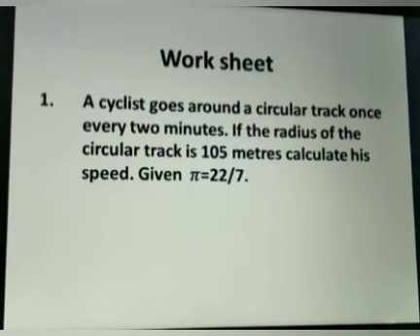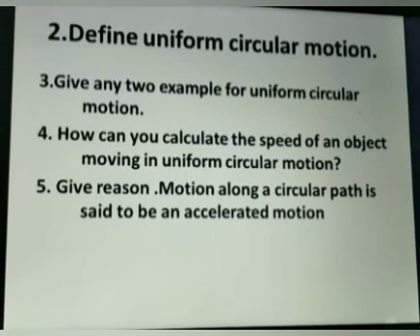Worksheet. A cyclist goes around a circular track once every 2 minutes. If the radius of the circular track is 105 meters, calculate his speed. Given pi is equal to 22 by 7. Define uniform circular motion.